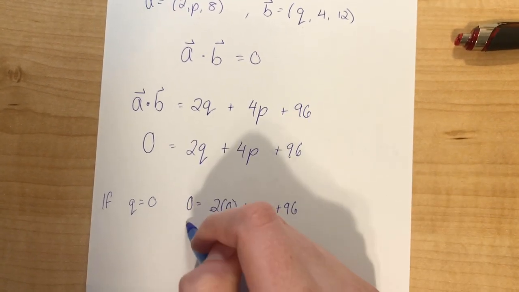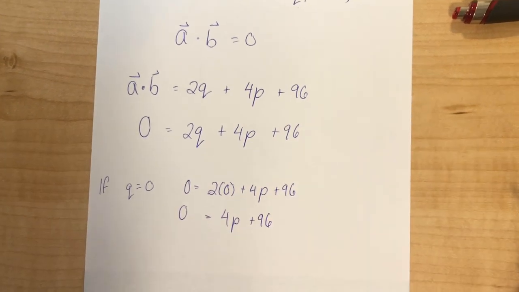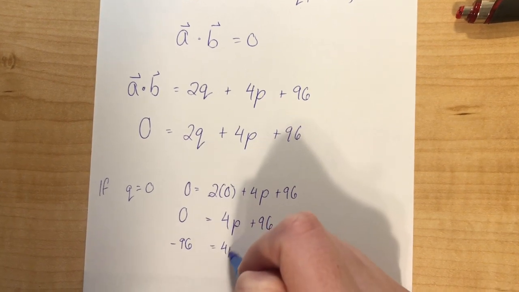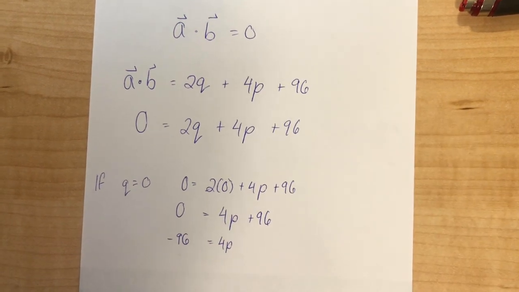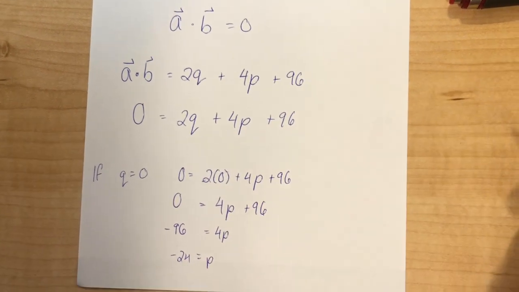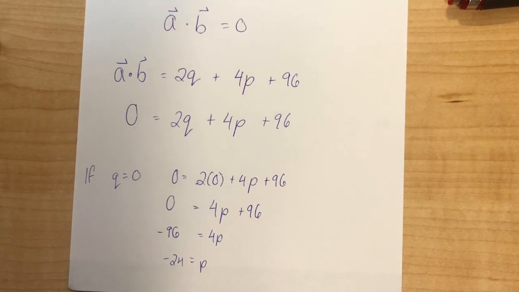So that's awesome, that's gone. So 0 equals 4p plus 96. Maybe I bring that 96 over, and then I go negative 96 divided by 4. So one option is that q is 0 and then p has to be negative 24.